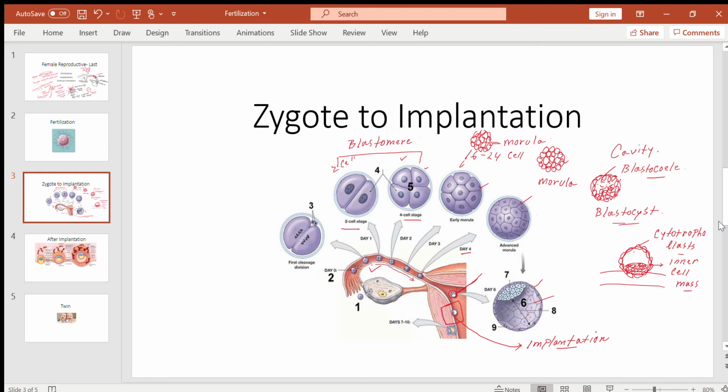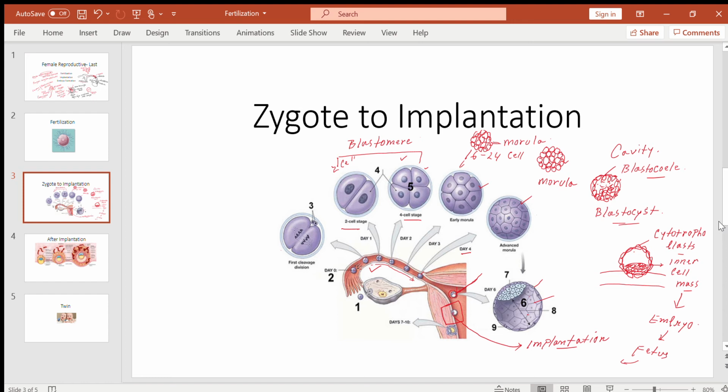Okay, this inner cell mass is very important, because this inner cell mass will become the embryo. Okay, and embryo will become the fetus. Okay, and fetus will become the infant. So you see that inner cell mass is very important.